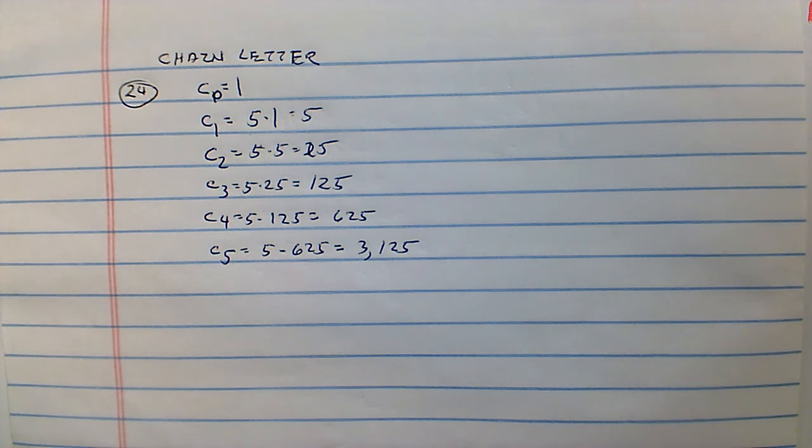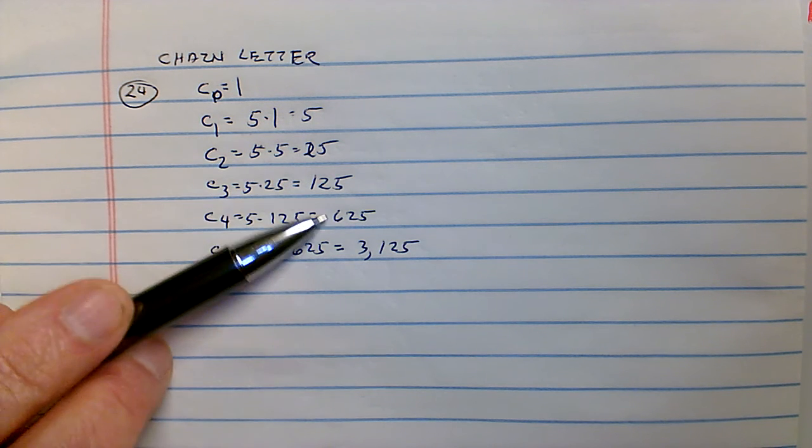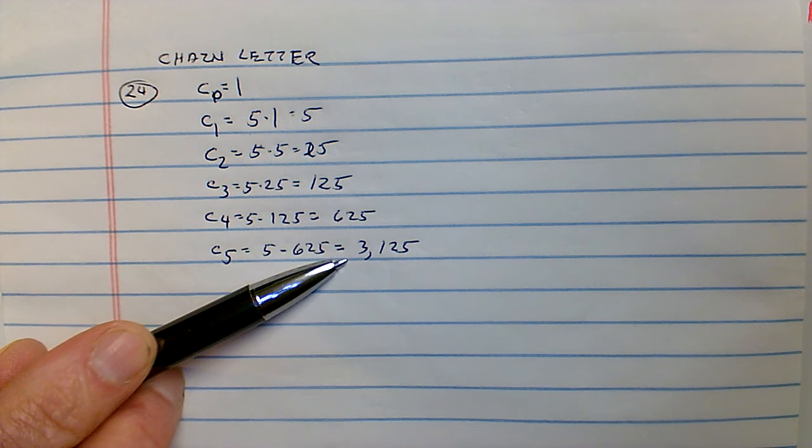So you see, after 5 iterations, this thing's gone 5, 25, 125, 625, 3,125.